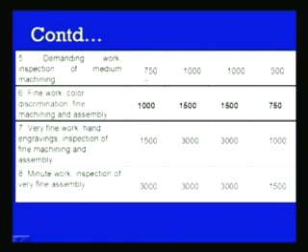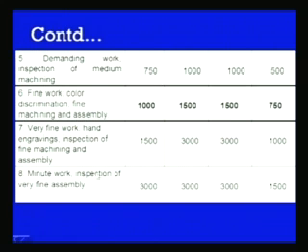In the same way for all these 4 categories, demanding work and inspection of medium machining jobs need 700, 1000 and 500 units of light. Depending upon the fineness of the job, the criticality of the job and the kind of errors and precautions expected, different levels of light are required.